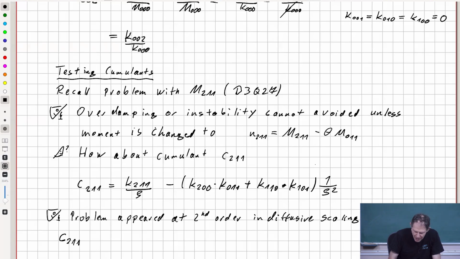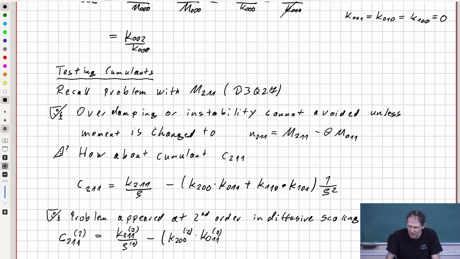So with asymptotics, if we take the second order of C211, then we can write this as the second order of K211 divided by rho to the zero order minus K200 to the second order times K011 to the zero order. And I remind you that there is no first order of a second moment.